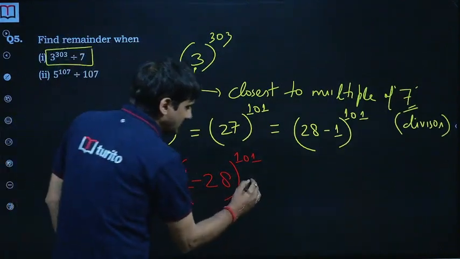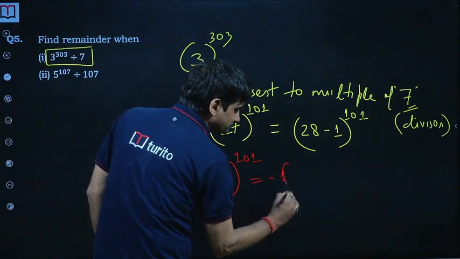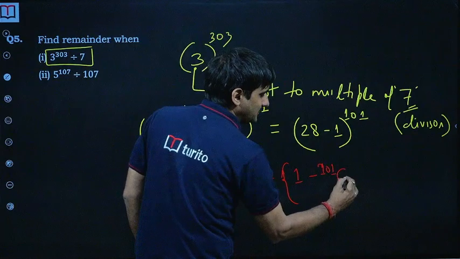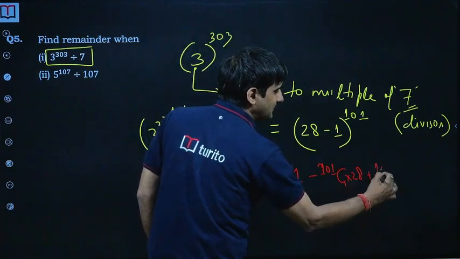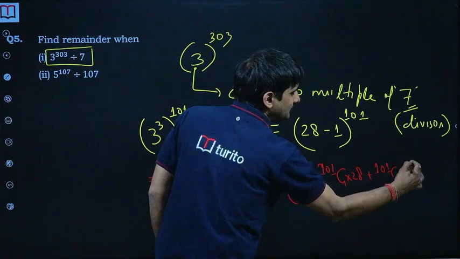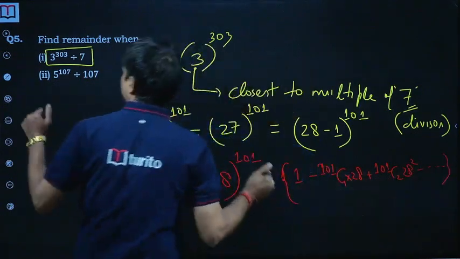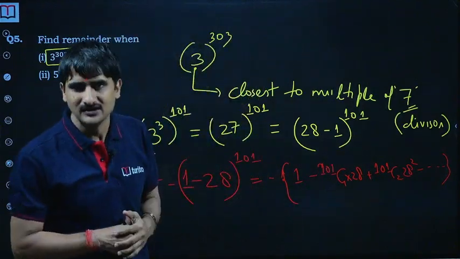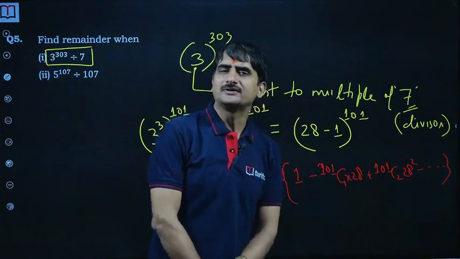Now see, if you expand it, bachcho, the first term is 1 minus 101C1 into 28 plus 101C2 into 28 square minus dot dot dot and so on. Now if we have to divide the entire expansion by 7, we can divide all the terms separately by 7.